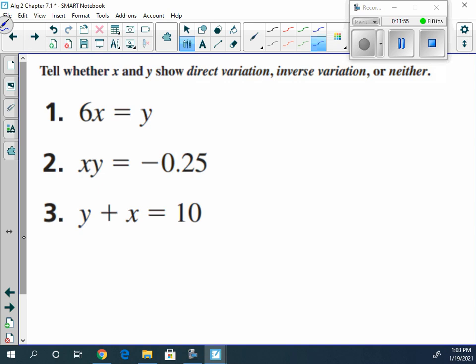All right, how about number 1? Very nice with that one, because that is exactly as it's written. ax equals y.